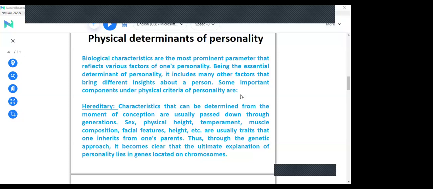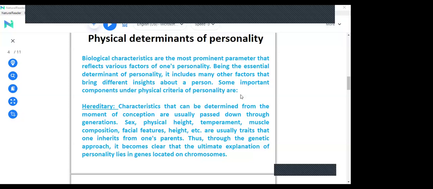You don't have an interest in it. That point is engaged with personality topics. Now, you can understand, my dear student, this physical determinant of personality.